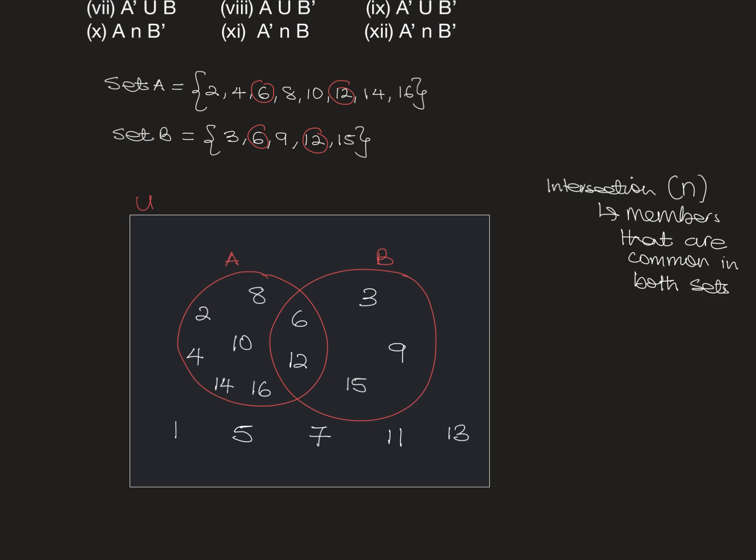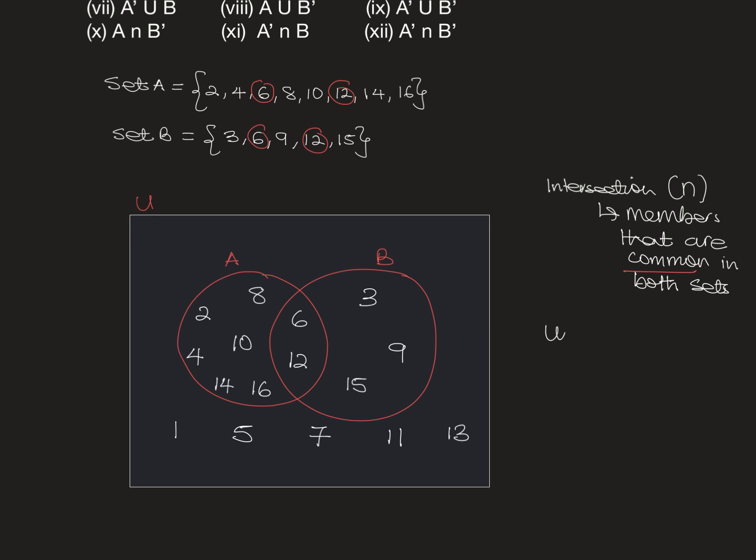Okay, so that is intersection. For this set, if I say A intersection B, I mean members that are found in A and B. They are 6 and 12. These are the members that are found both in A and B, 6 and 12.